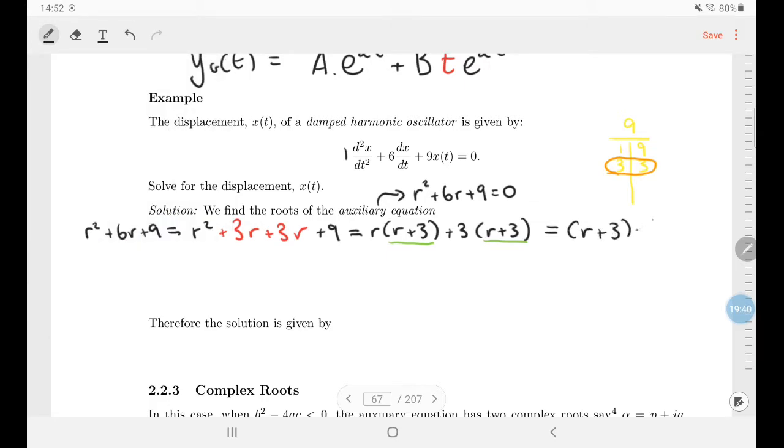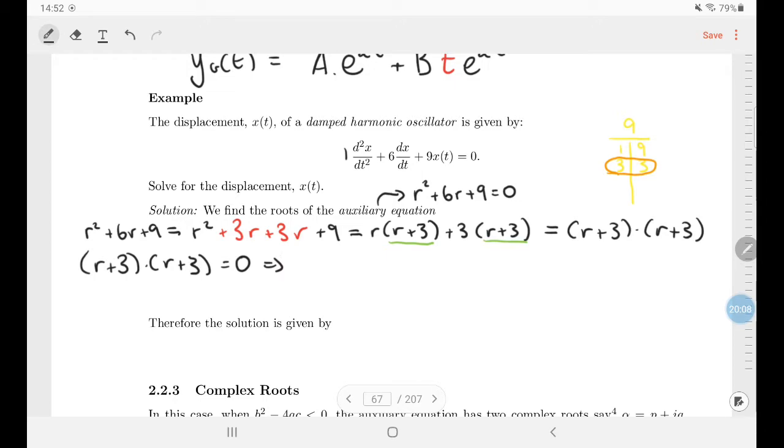Now you will have to factor in chapter 3, so we're practicing now. If you can get from the r squared plus 6r plus 9 and do the factorization in your head, no problem, as long as you're getting it right. So if you want r squared plus 6r plus 9 equals 0, that's the same as saying r plus 3 times r plus 3 equal to 0.